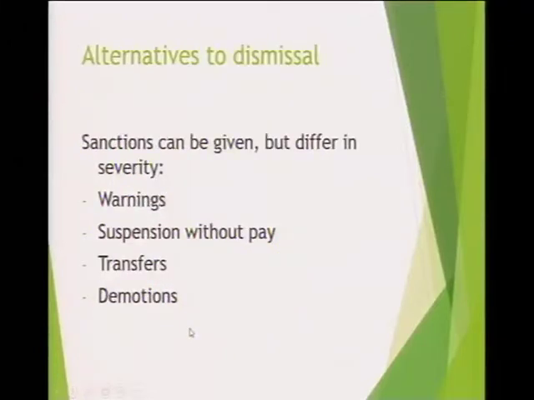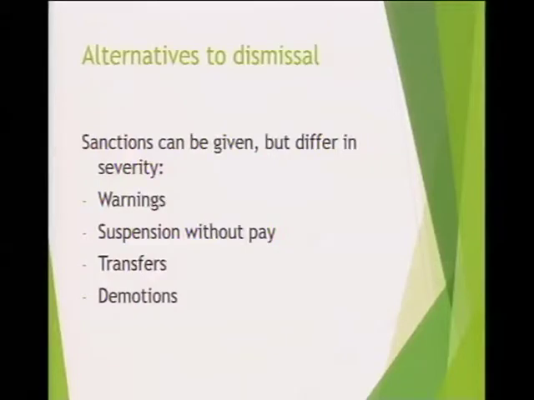What are the alternatives to dismissal? Sanctions can be given, but these could differ in how serious the case is. You can give a warning, verbal warning, written warning. You can have about 3 warnings given to the employee before you reach the stage of dismissal. You can have counseling.